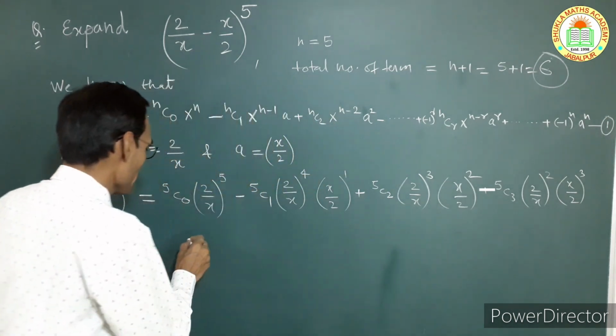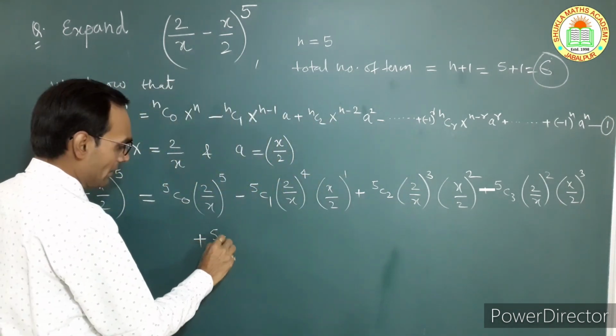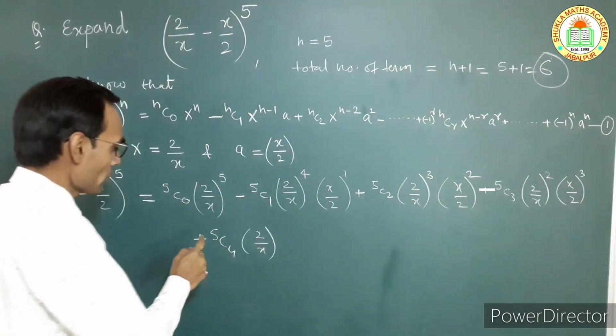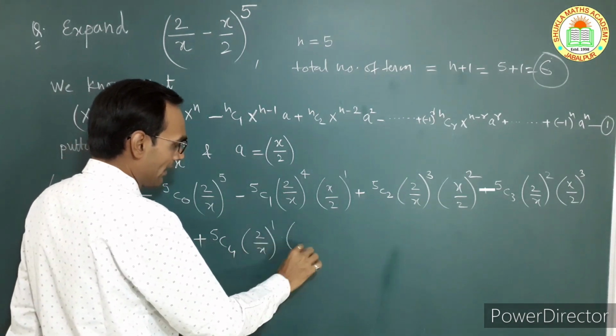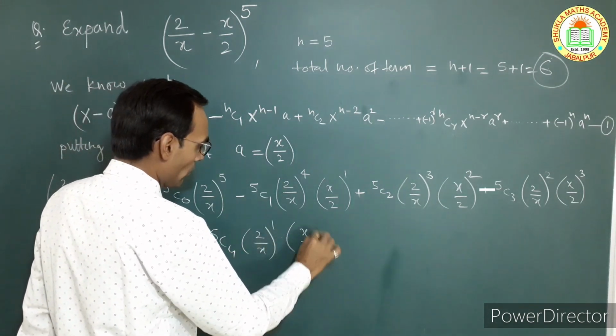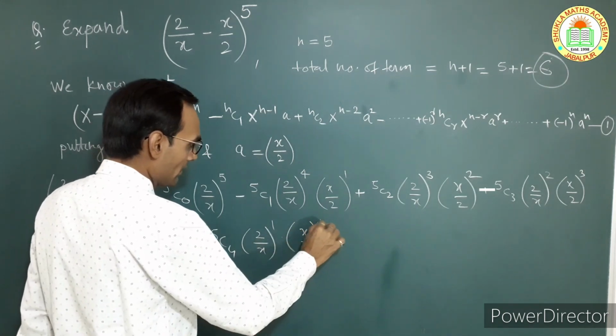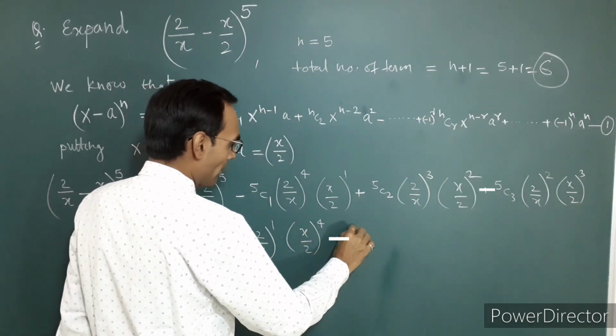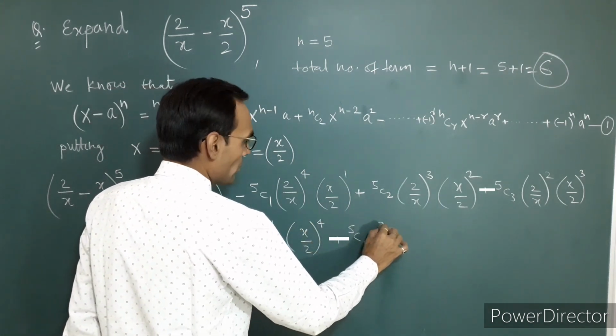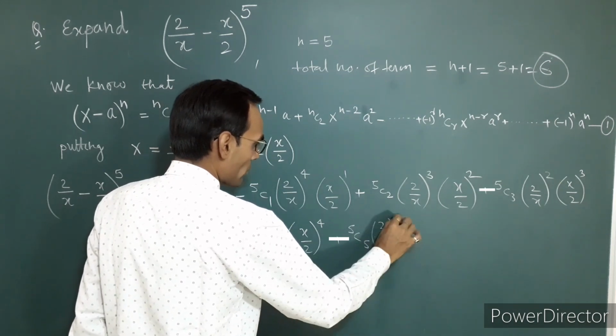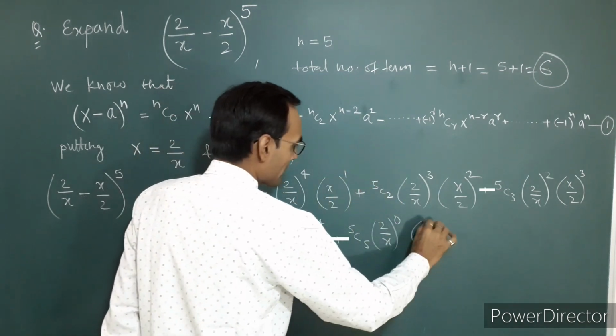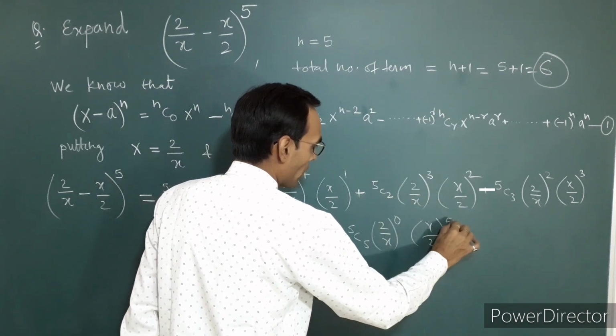The next term is plus 5C4 (2/x) raised to 5 − 4, which is 1, and (x/2) raised to r, our r is 4. Now the next term is 5C5 (2/x) raised to 0 and (x/2) raised to 5.